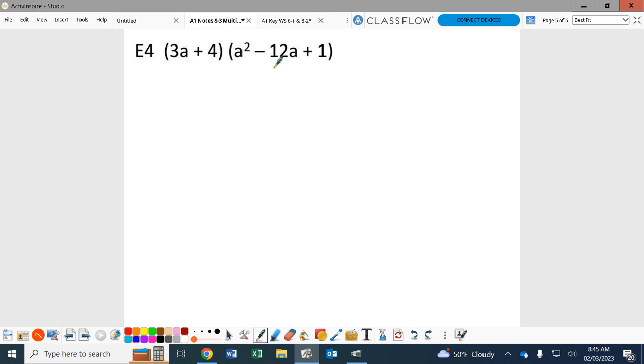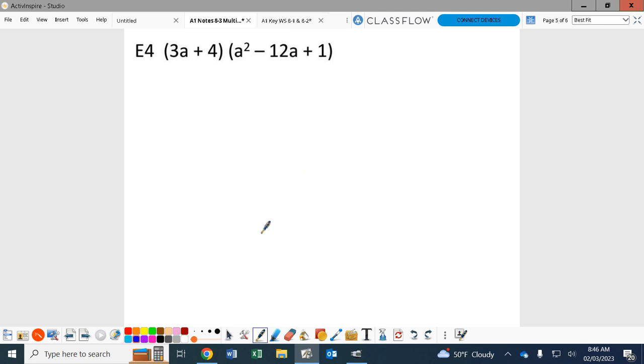Is my answer going to have 6 terms? Not necessarily, because you might combine like terms. Probably will. Most of them start with 6 and move down to 4. Can they move down to less? Yes. Can they stay at 6? Yes. But the most common way you'll see it is you'll start with 6 and you will end up with 4 as your answer when you're multiplying a binomial times a trinomial.